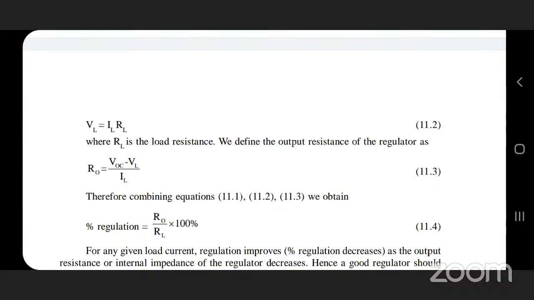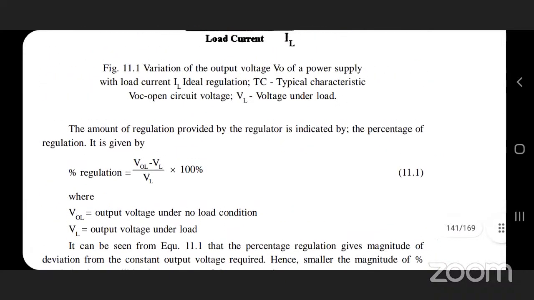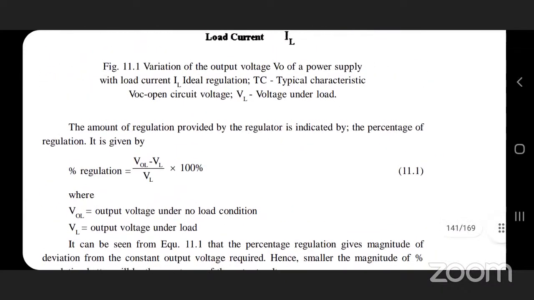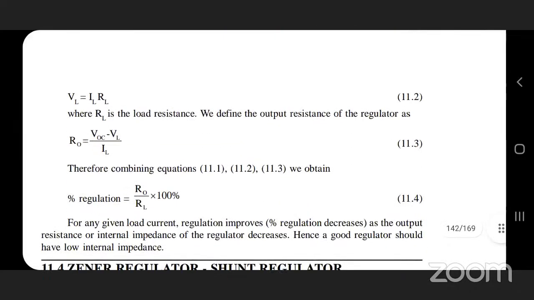Substituting, the output resistance R naught of the regulator is (VOC minus VL) by IL, where VOC is the open circuit voltage. Therefore, the percentage of regulation is R naught divided by RL into 100%.